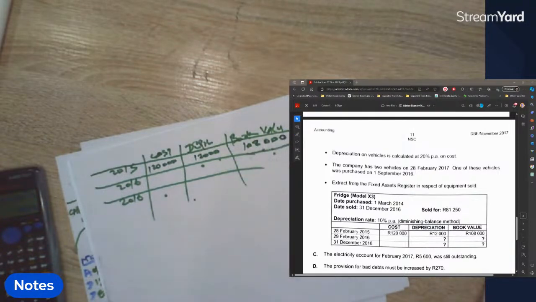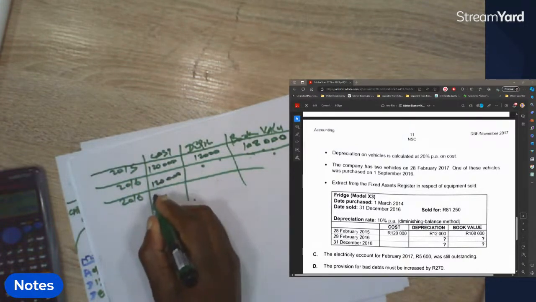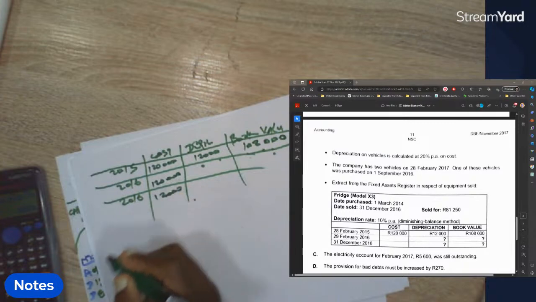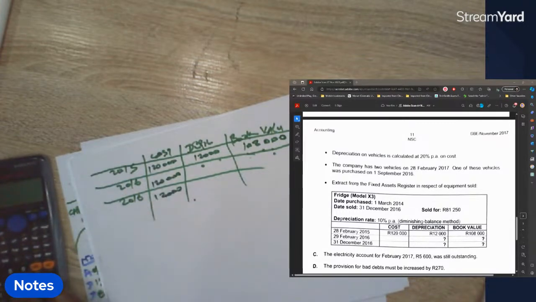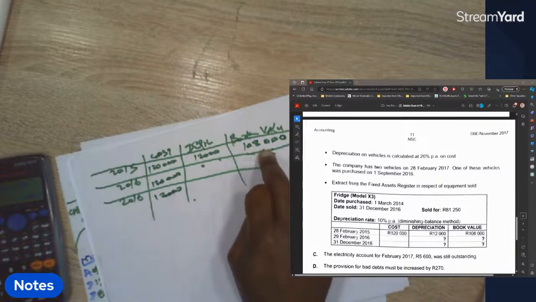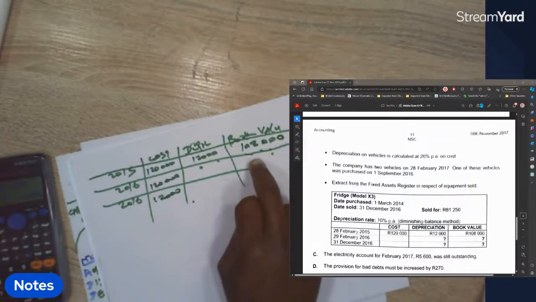So now the cost would be the same here also, right? 120,000 cost price less 12,000 is equal to 108,000. Because we are using the carrying book value, you multiply this with the percentage, which is 10%.